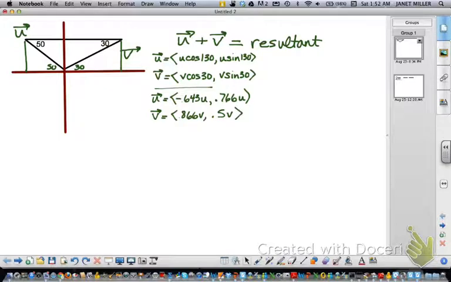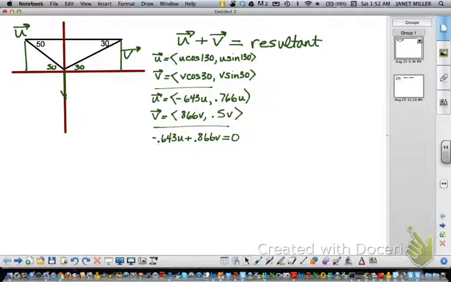So then what I'm going to do is add them up. I'm going to add the x components for u, which is negative 0.643u, plus the x component for v, and that is going to equal 0. The reason for that is because our resultant vector is here, and it has no x direction to it, so we're going to call that 0.